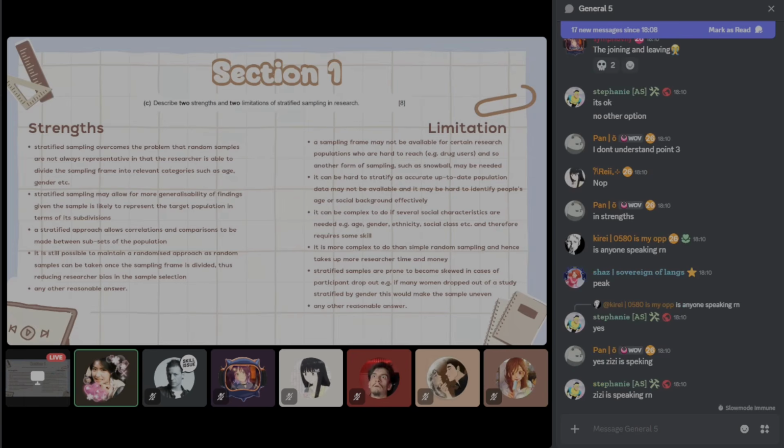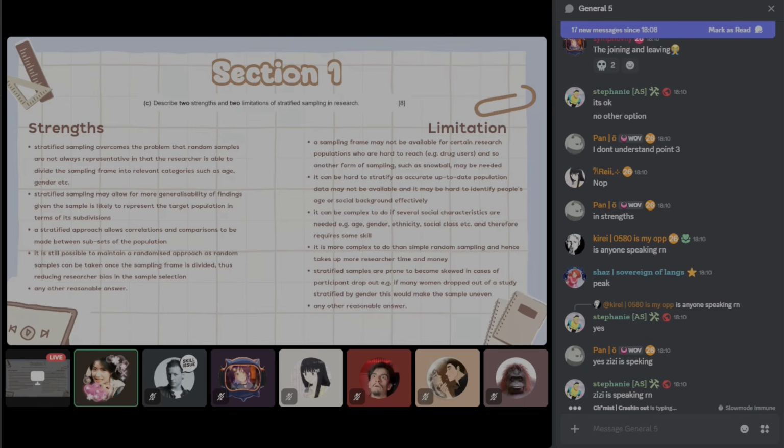Because you have it separated into subsets, right? So let's say for example you separated by gender and class. You can compare between them, and like with correlation graphs, you can see the correlation between class and gender.